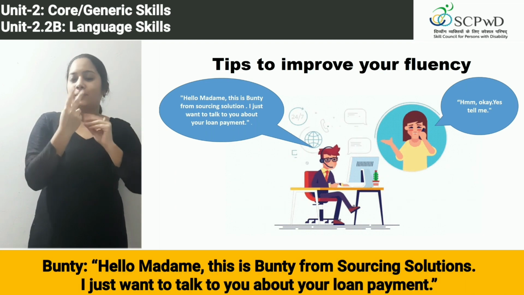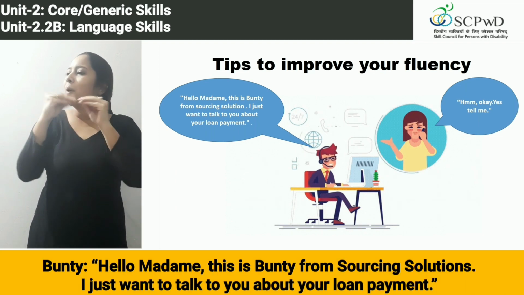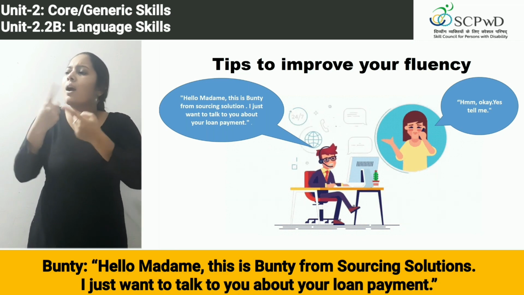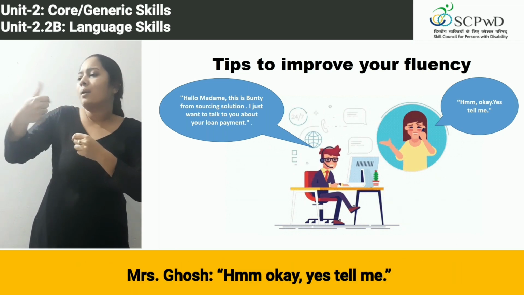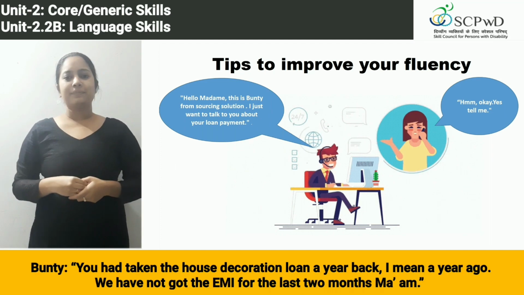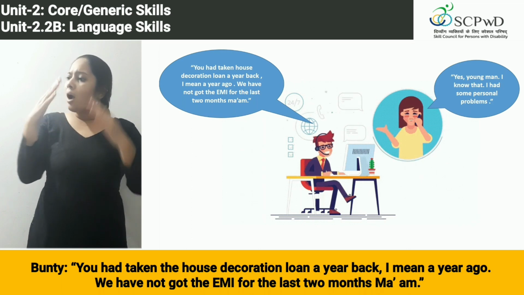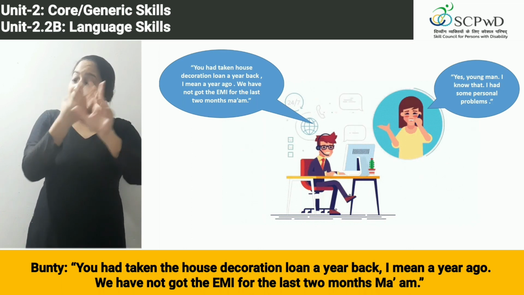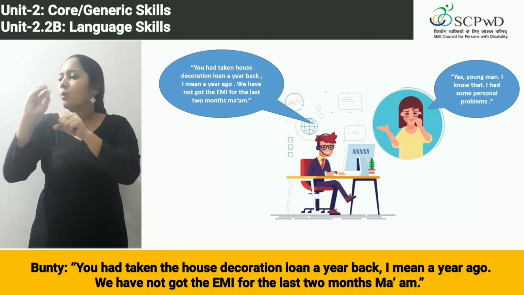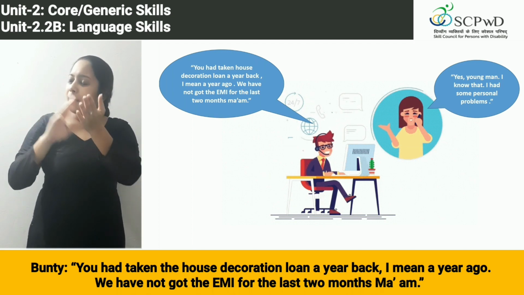Bunty: Hello madam, this is Bunty from Sourcing Solutions. I just want to talk to you about your loan payment. Mrs. Ghosh: Okay, yes, tell me. Bunty: You had taken the house decoration loan a year ago. We have not got the EMI for the last 2 months, ma'am.